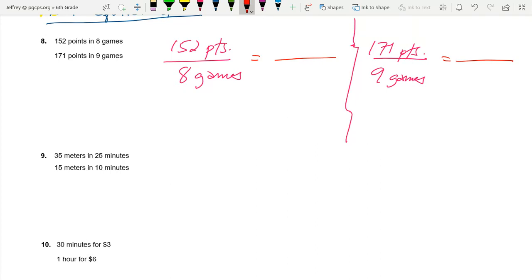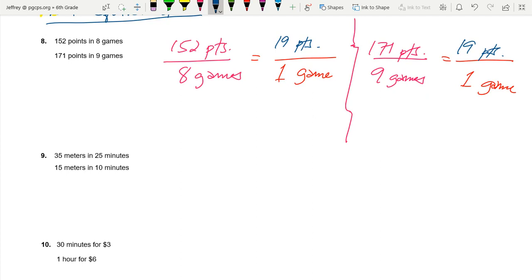So when you say unit rate, is for every game, so 1 game. Now let's divide. What's 152 divided by 8? And that should give us 19 points per game, or for every game. 171 points divided by 9 games, that should give us the same thing, 19 points per game.